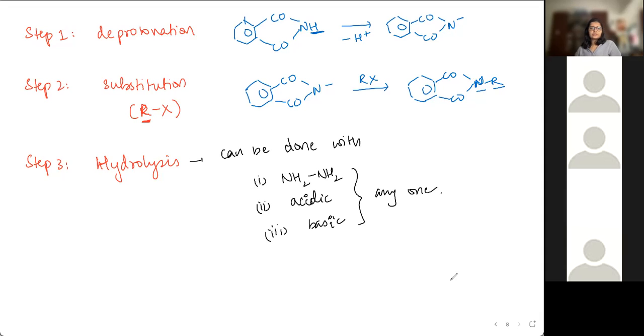Oh, so this was number 3, right? So we are on the last one, last preparation method. Okay, just let me know when you're done noting, like when you're ready for the next one. Then we'll discuss Hoffman bromamide degradation. And start in the next page. Let me know when you're done. Done, ma'am. Okay. Yes, ma'am. Okay. Dhriti and Ansh, let me know when you guys are also done.